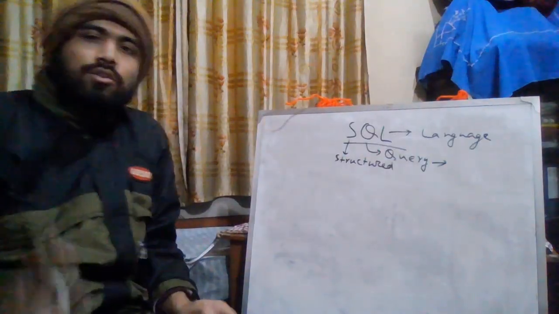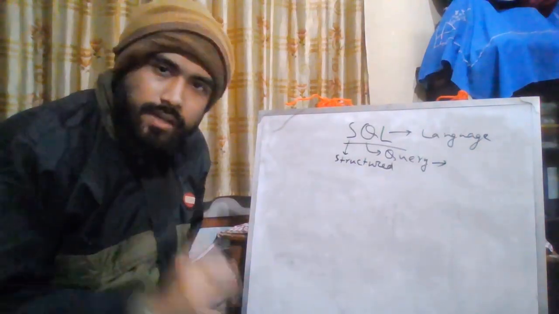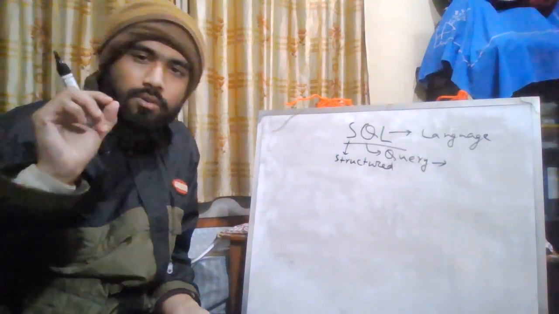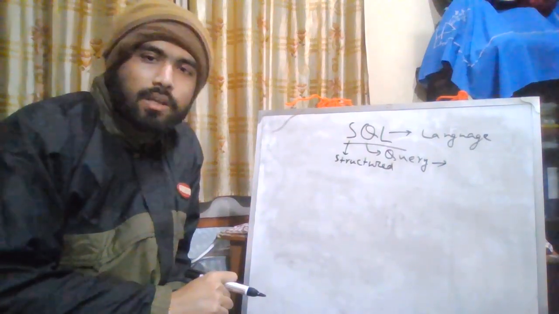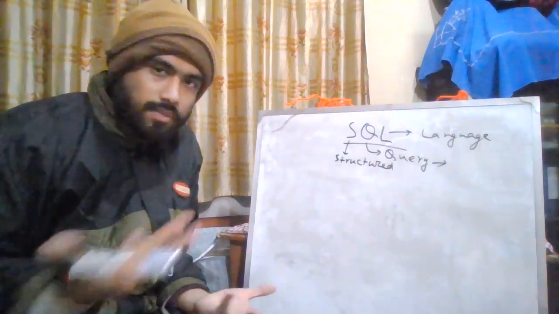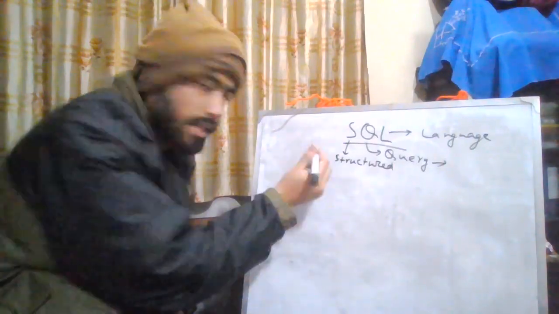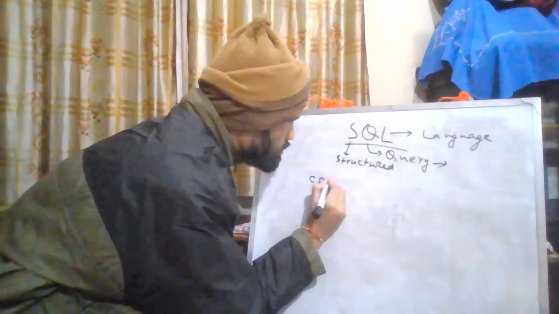Now, to start with coding, we have to create a database first, isn't it? The first terminology we learned was database, so we have to create a database. That is quite obvious. So how to create a database? It is very easy.